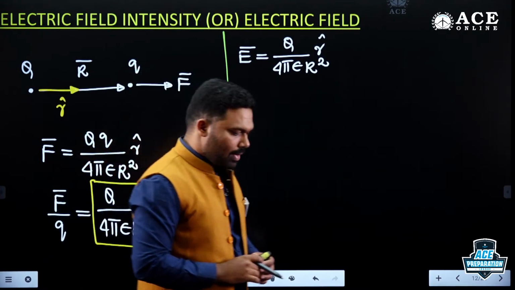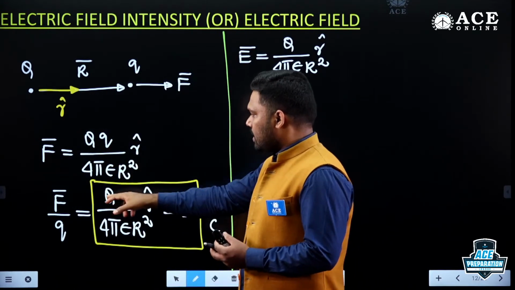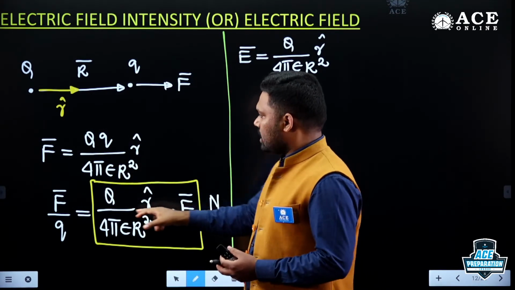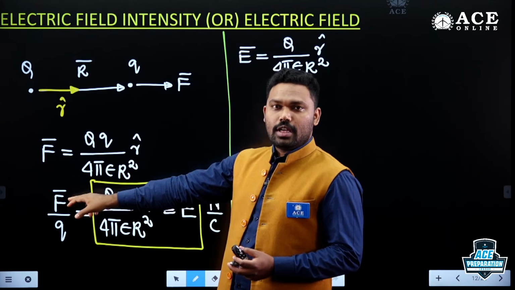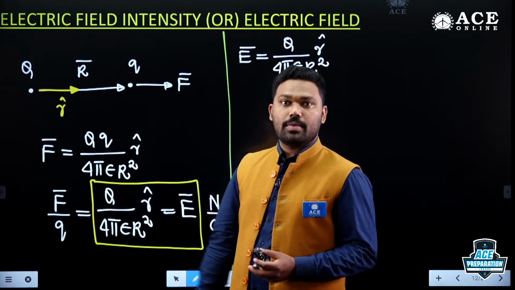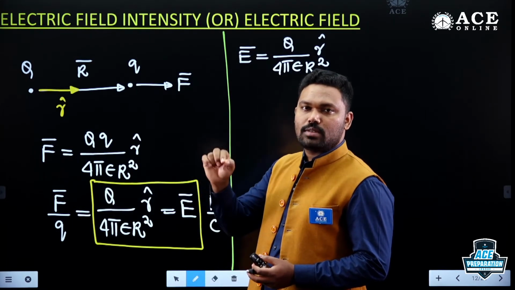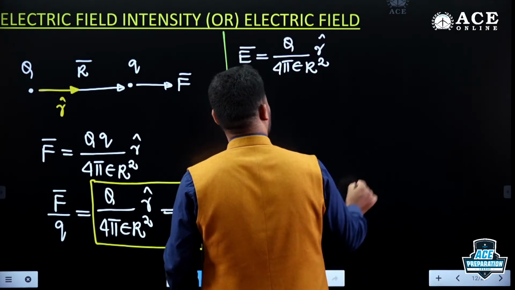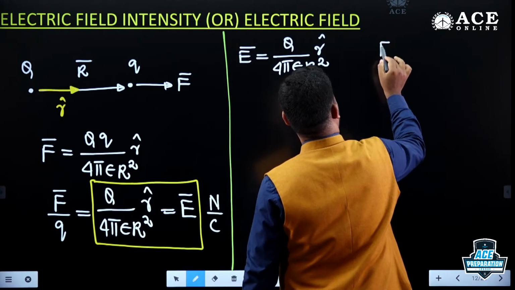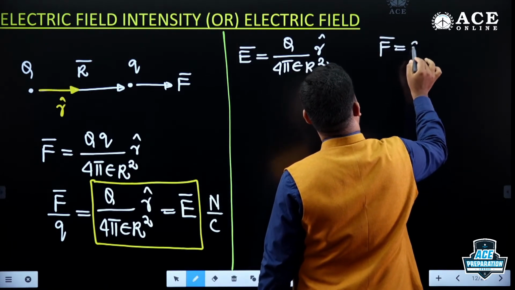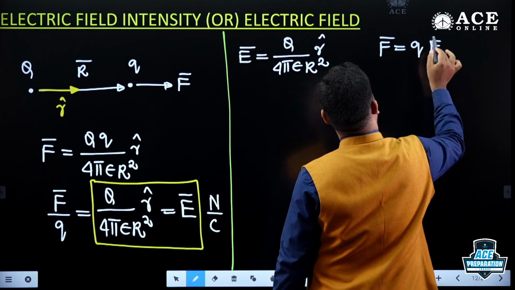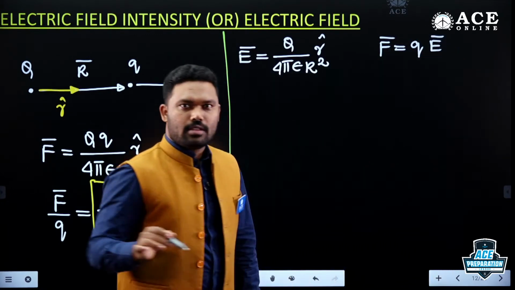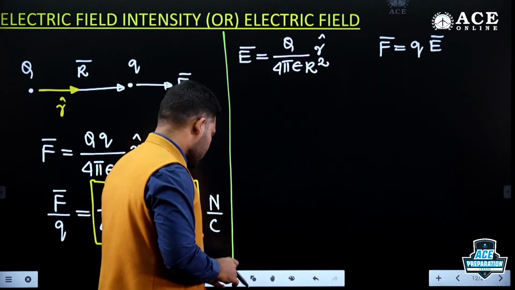Mathematically speaking, what is the definition of the electric field? Electric force experienced per unit charge. Force per unit charge. Suppose you want the expression for the force, what do you need to do? F is equal to q into E.